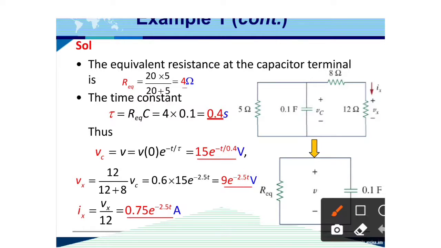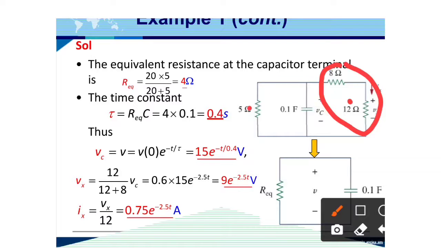For the equivalent resistance at the capacitor terminal, 8 ohm and 12 ohm are in series, so it becomes 20 ohm, and 20 ohm and 5 ohm are in parallel. When two resistors are in parallel, we multiply and divide by the addition of both.